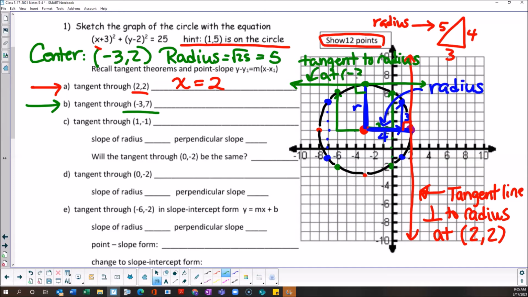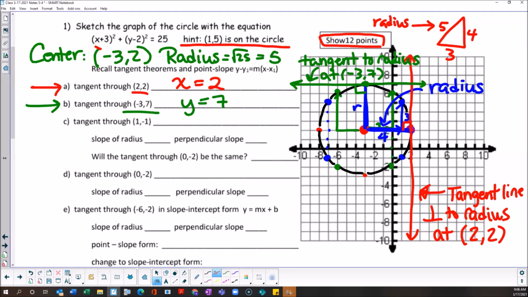-3, 7. So that's the green line. It's tangent to the radius at the point -3, 7. So what's the equation of that one? Y equals? Brilliant. You see kind of a clue here when you're given the points.